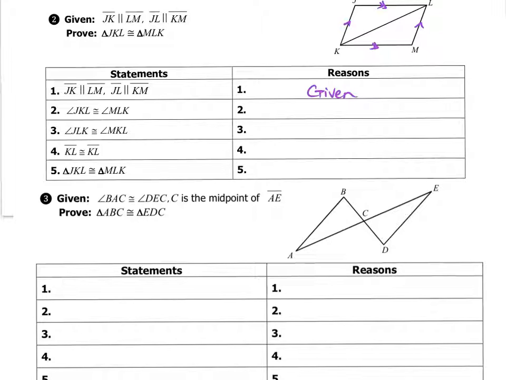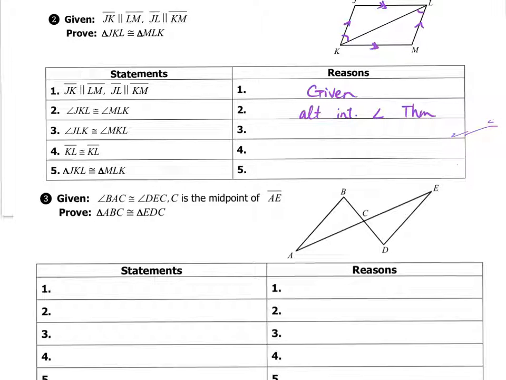Okay, so if they're parallel, I know angle JKL, which is this angle, and angle MLK would be congruent because of the alternate interior angle theorem. If you look, LM and JK are parallel, and KL is the transversal, so these two are alternate interior angles.